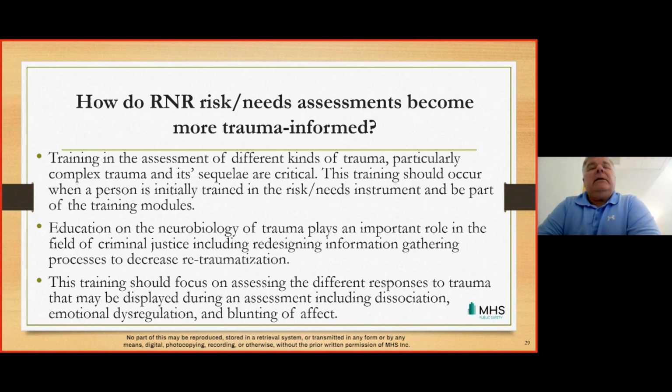The training that I'm talking about should focus on assessing the different responses to trauma that may be displayed during an assessment, including dissociation, emotional dysregulation, and blunting of affect. I'm concerned that if people are not aware of these possible responses to trauma, they may misunderstand or misevaluate the person's behaviors, thinking that there's something else.